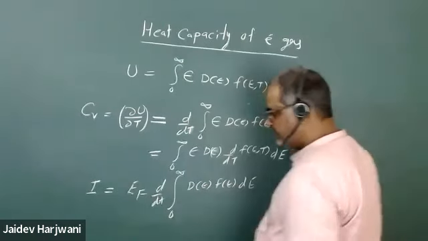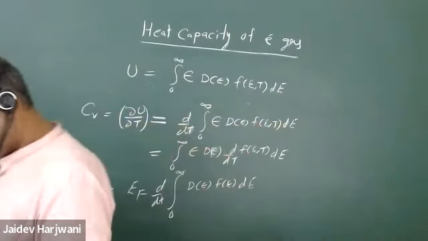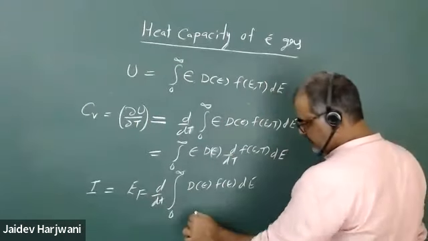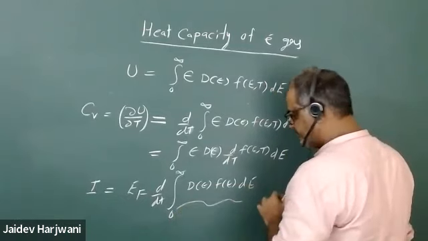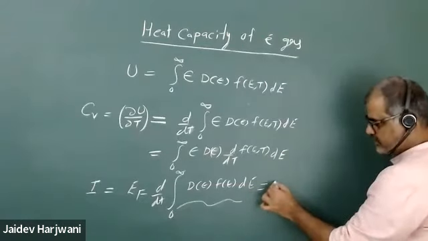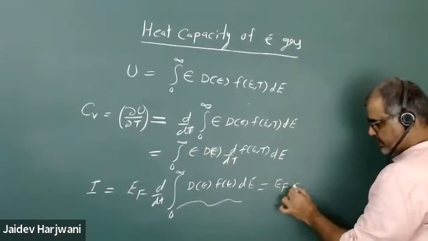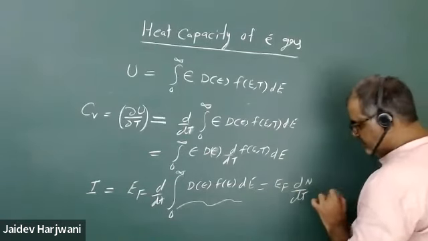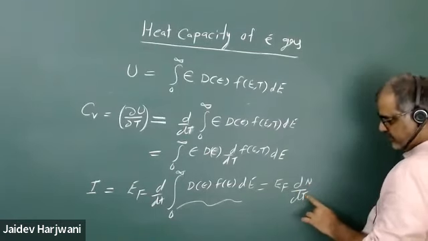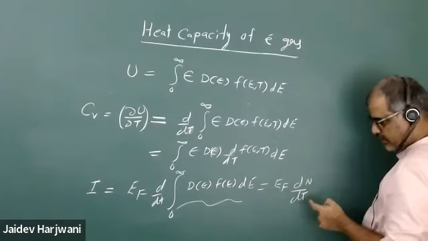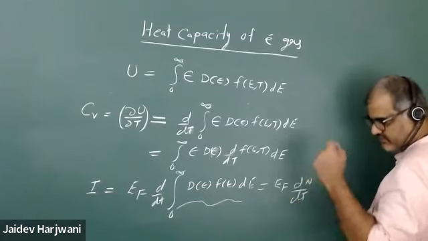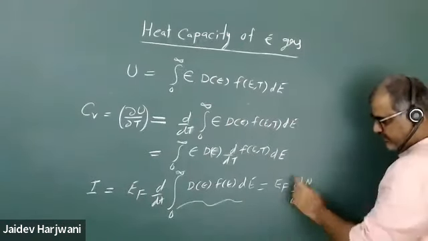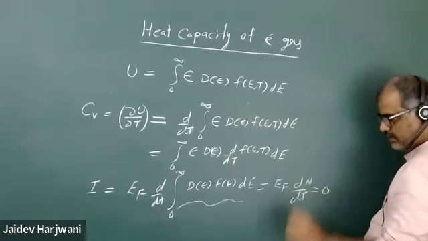All of you know the meaning of this integration: it is the total number of particles. So this gives me EF times dN by dT, and the variation of particle number with temperature is 0. The particle number changes only a little, but we can take this derivative as 0.